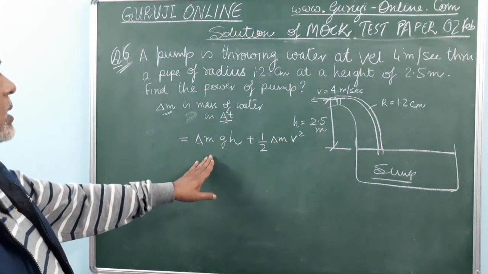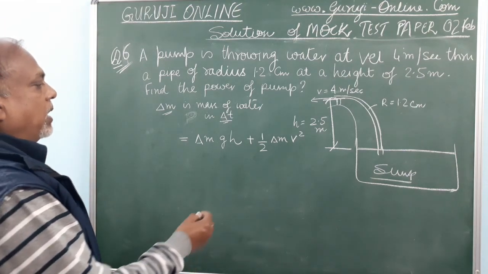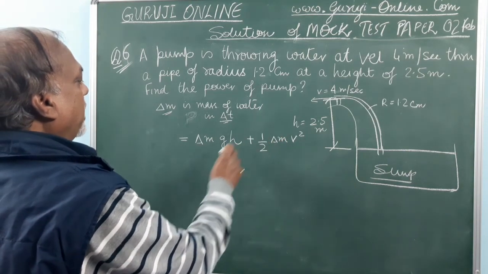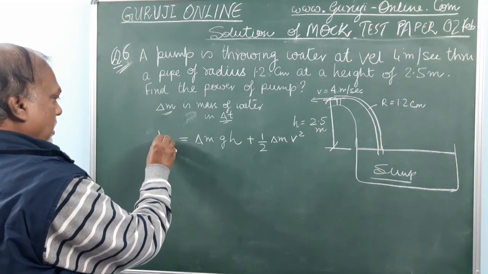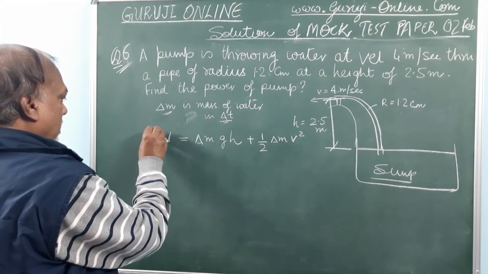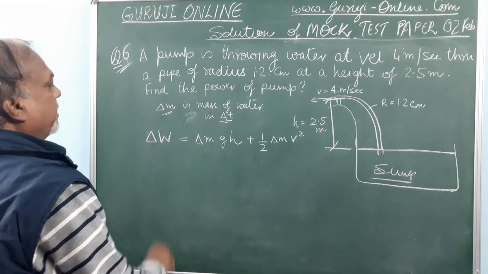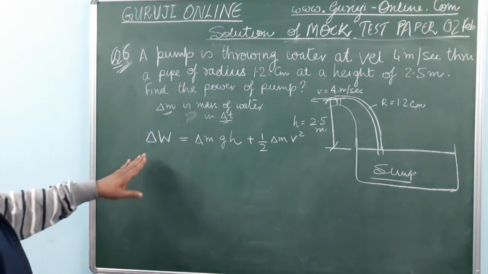So this is the potential plus kinetic energy. This is the total energy it is having at this point, and it is nothing but the work done by the pump.